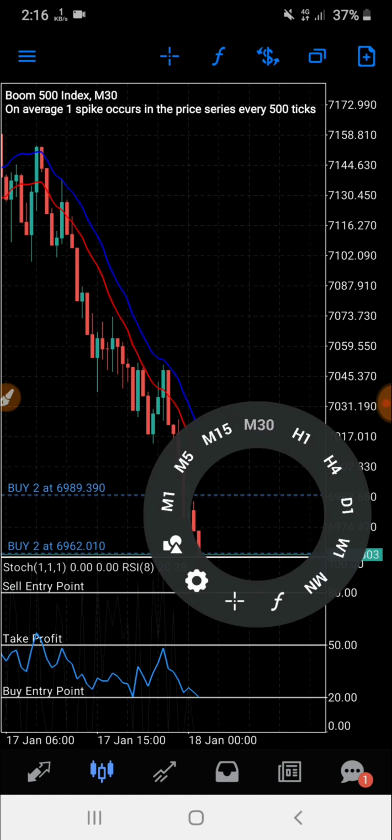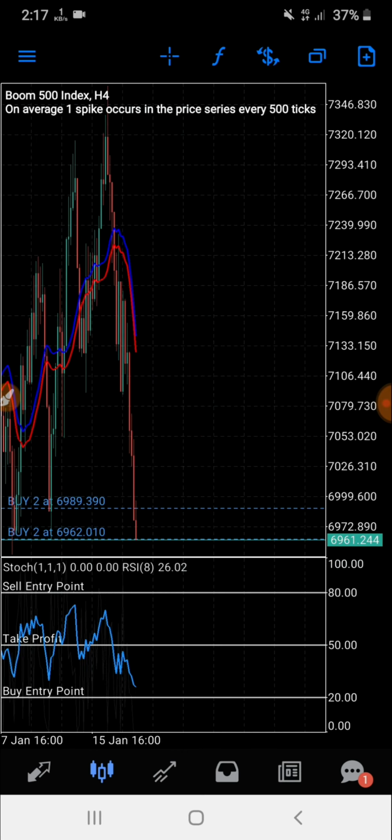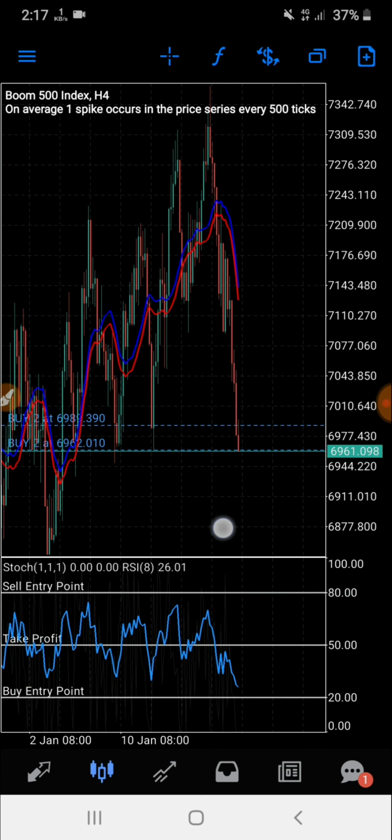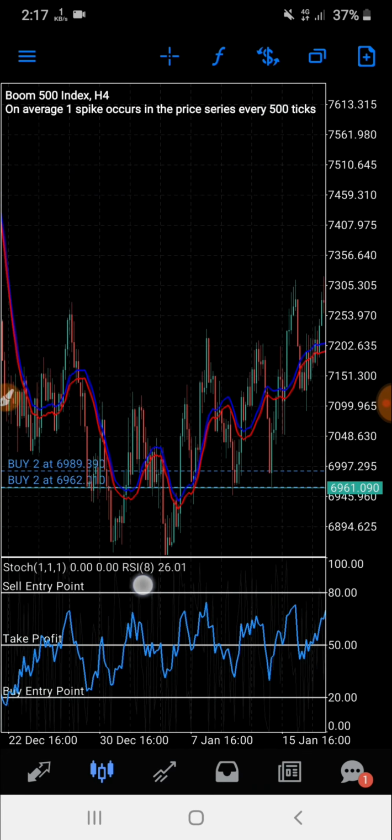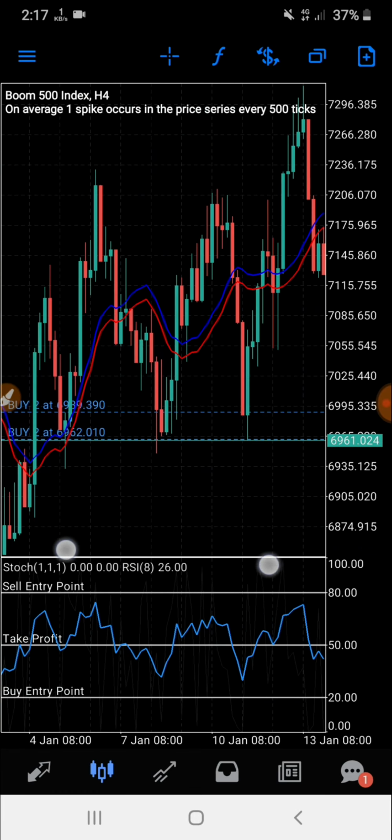So what you just want to do is go to the higher time frames. On the lower time frames you check if you are with the spike, if you are not trading against the spike, I mean. But on the higher time frames, you're just going to go and look for your previous reversal points. Very easy.